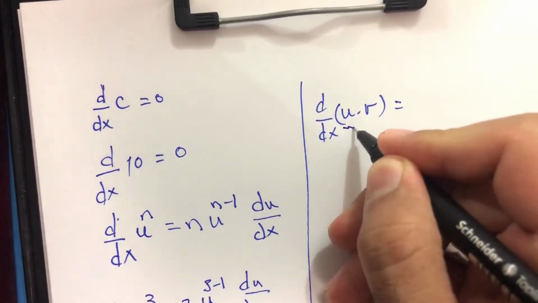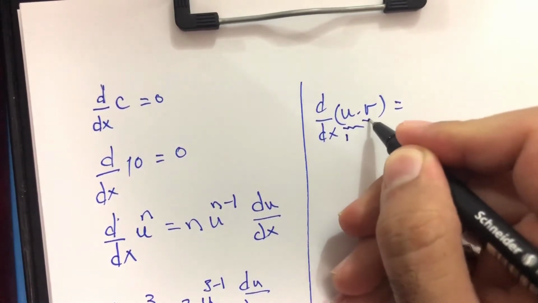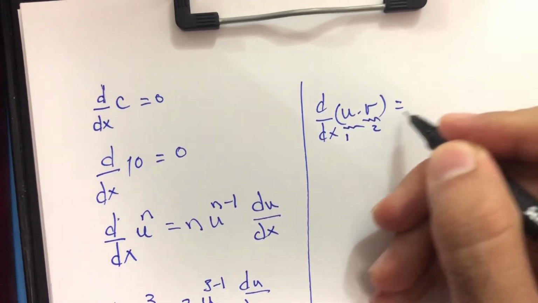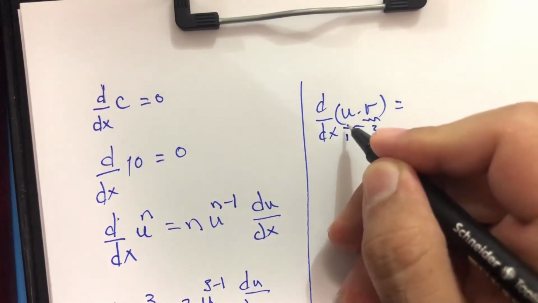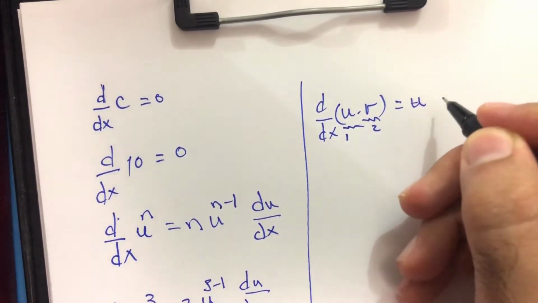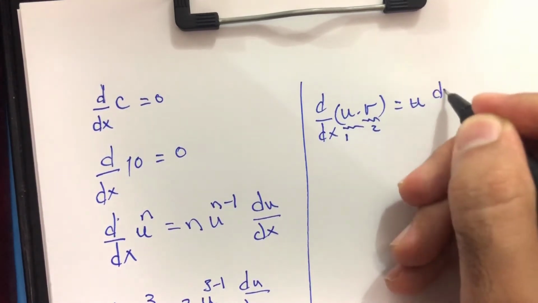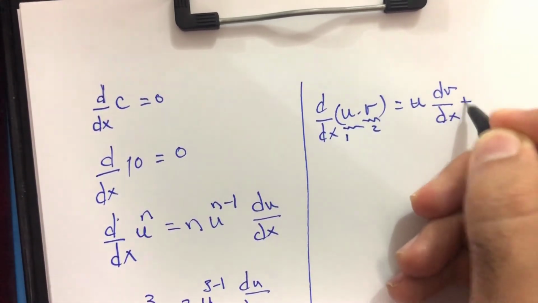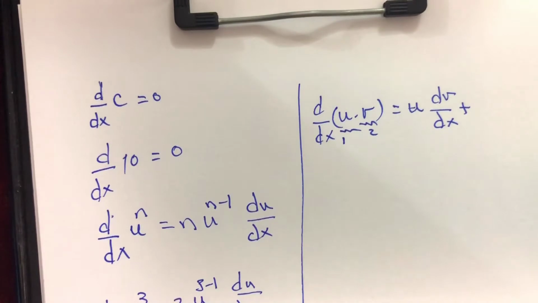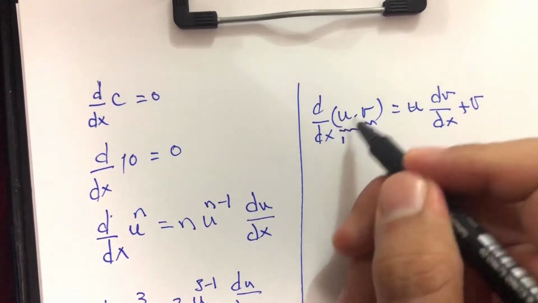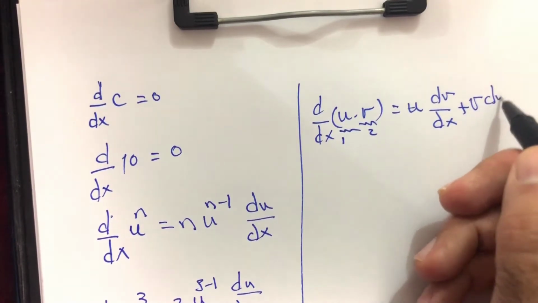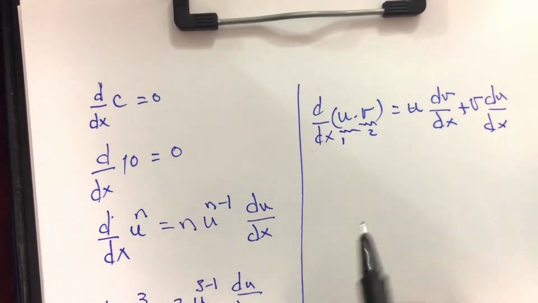The first function here is u, and this is the second function, so I can write the derivative of u multiplied by v like this: the first function u multiplied by the derivative of the second function, which is dv by dx, plus the second function, which is v, multiplied by the derivative of the first function, which is du by dx.